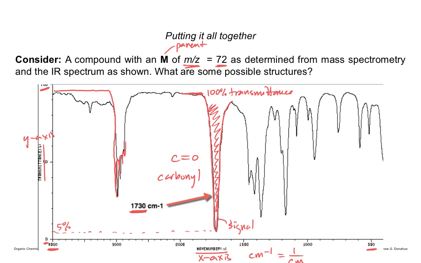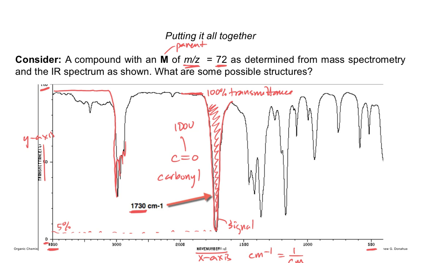And so once we accept that signal's a carbonyl, we can start thinking more about how that impacts the number 72. We can see already there's 1 degree of unsaturation due to the pi bond. What it's also telling us is there's at least 1 oxygen.